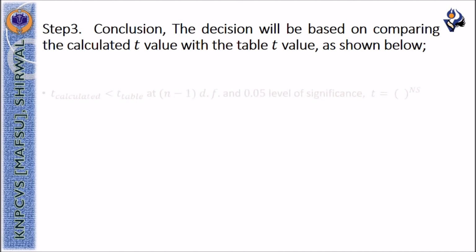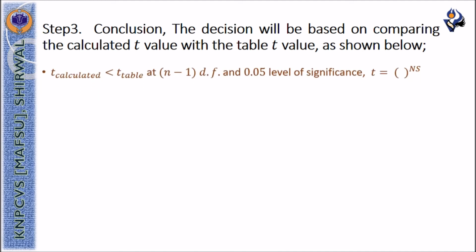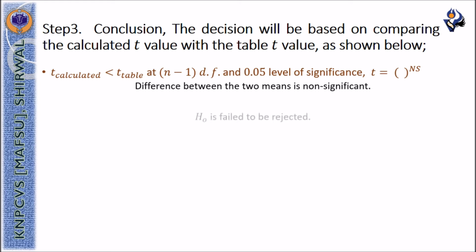The conclusion is drawn based on comparison of calculated t-value with the table t-value as shown over here. If the calculated t-value is less than table t-value at n-1 degrees of freedom and 5% level of significance, we say that the difference between the two means is non-significant. Null hypothesis is therefore failed to be rejected.